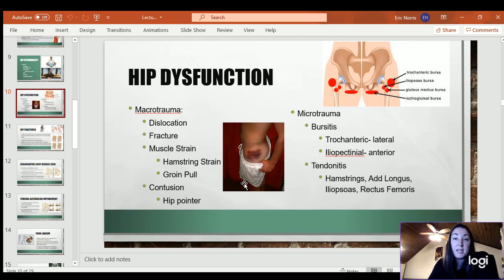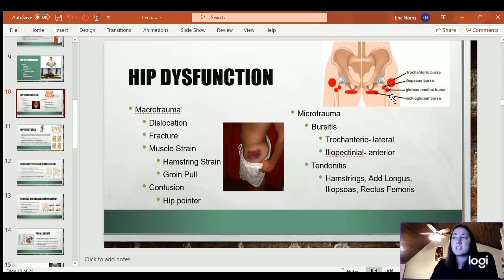But we also have micro traumas such as bursitis. So over time, repetitive trauma can cause inflammation of the bursa sac, and that is typically either trochanteric bursitis over the greater trochanter, or so right here over this bone, or ischiogluteal bursitis, iliopectineal can cause more anterior pain.